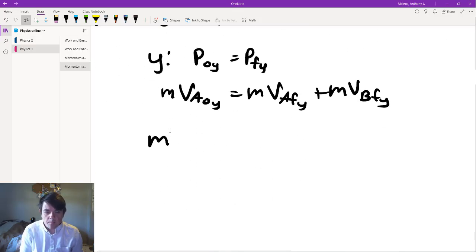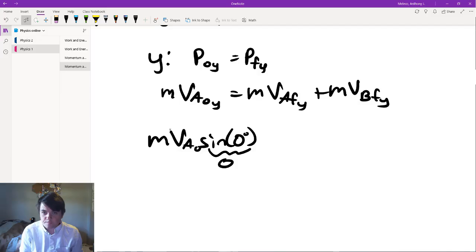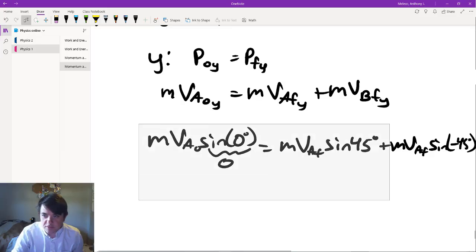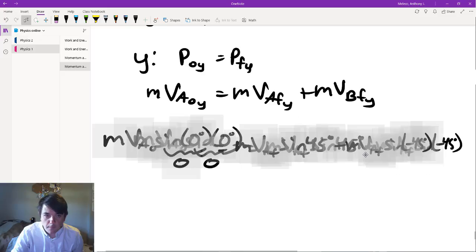This would be MVAO sine of 0 degrees, which is 0, then MVA final sine 45 degrees. And then this one would be plus MVB final sine minus 45 degrees.